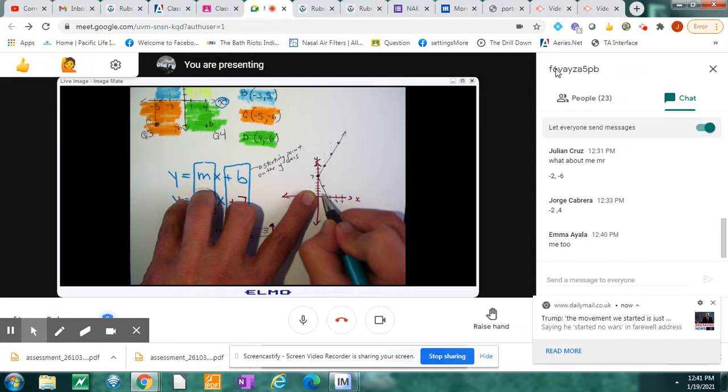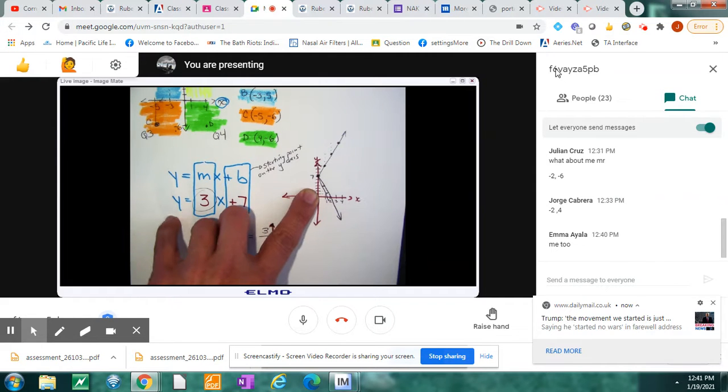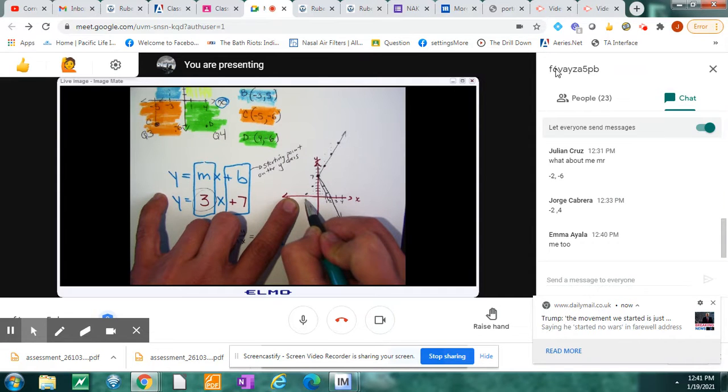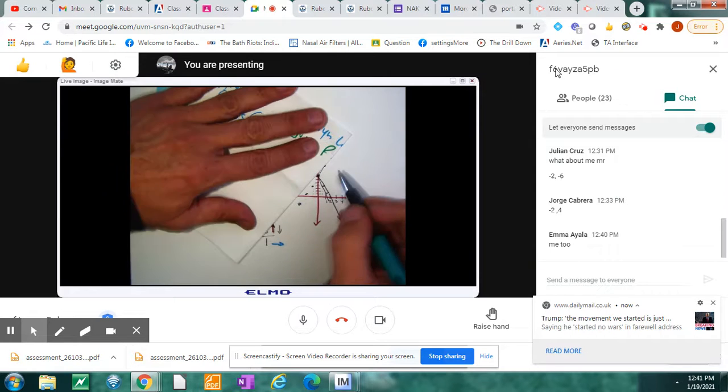That's not a straight line. So you know that it has to be the other way. 1, 2, 3, 1. And then you'll see, now it's a straight line.